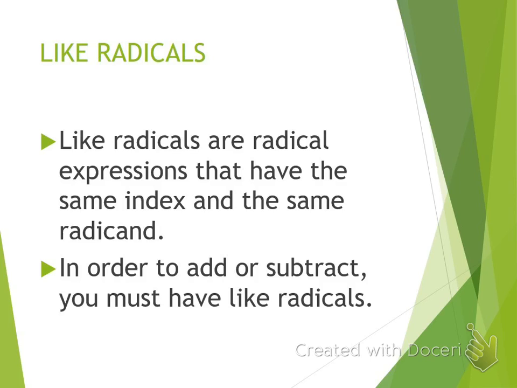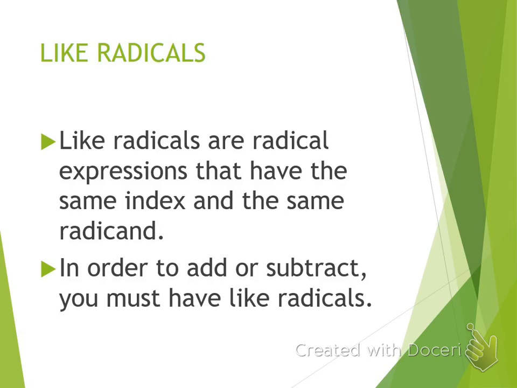Like radicals are radical expressions that have the same index and the same radicand, which means the same number underneath the radical. In order to add or subtract, you must have like radicals.